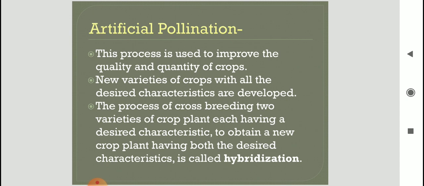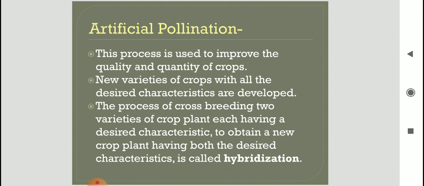Okay, so let us understand what artificial pollination is in detail. This method is used to improve the quality and quantity of crops. The new varieties of crops with all the desired characteristics are developed. The process of crossbreeding two varieties of crop plants, each having a desired characteristic, to obtain a new crop plant having both the desired characteristics is called hybridization.